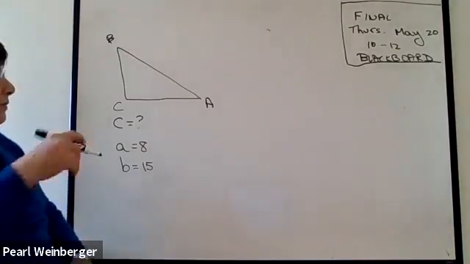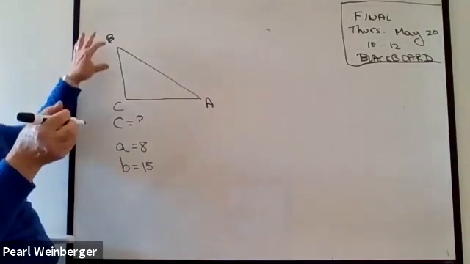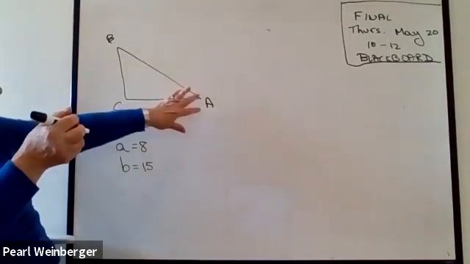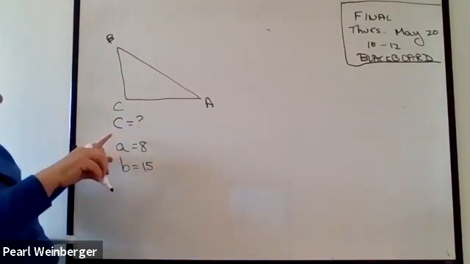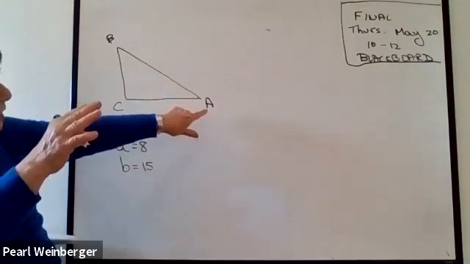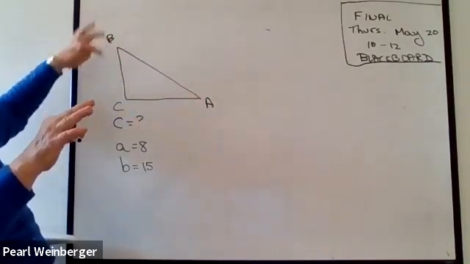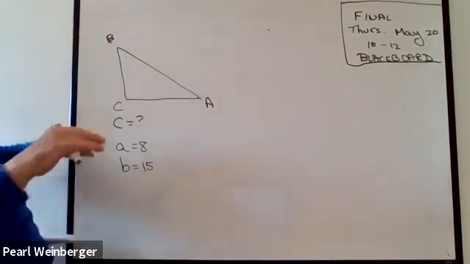Okay, so let's see if we can do this problem. First of all, I only have the capital letters written here. Let's remember how we put in these lowercase letters. The capital letters stand for the angles, the points. The lowercase letter stands for the whole side.